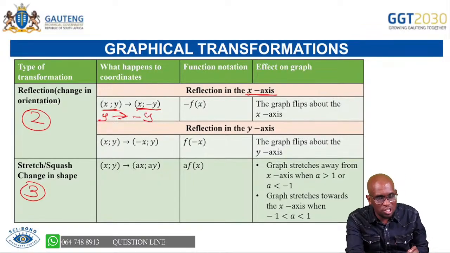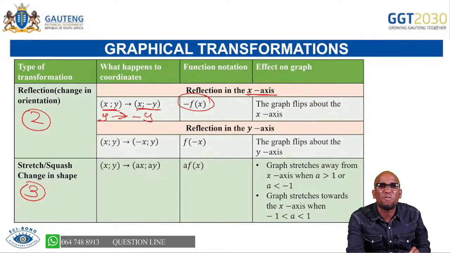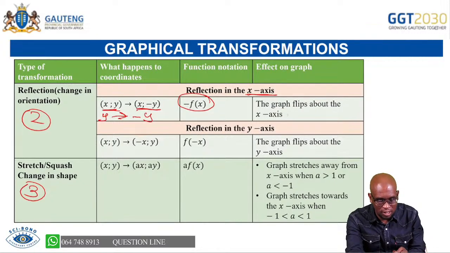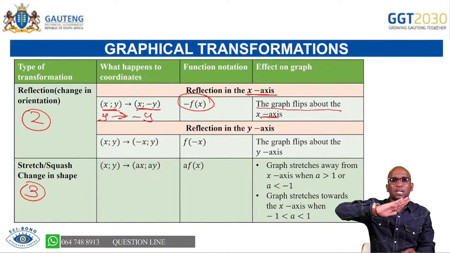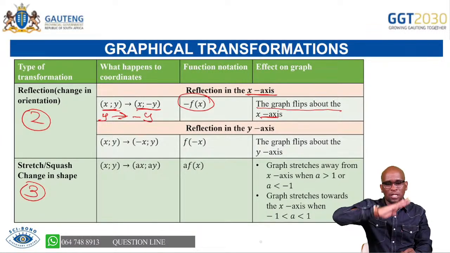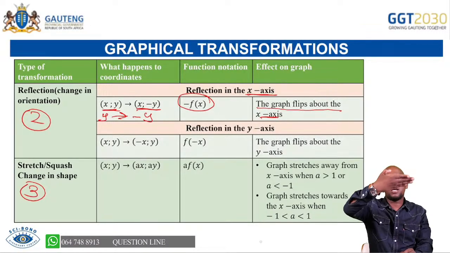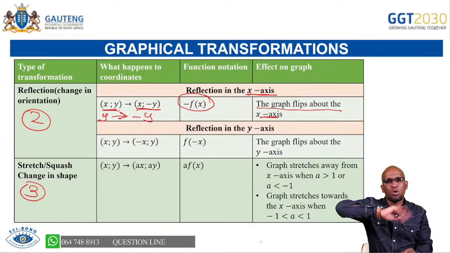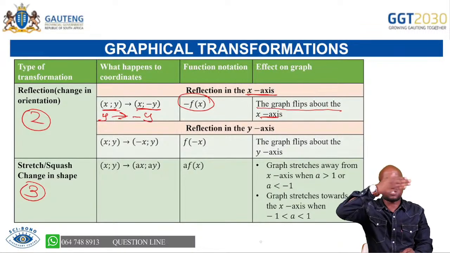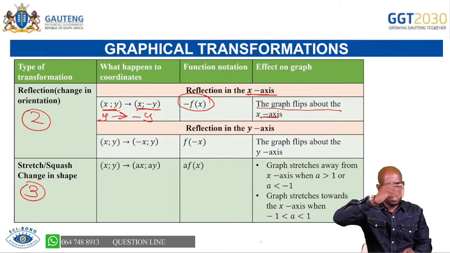And then in the function notation, remember y is f of x. So that is why we put a negative there on f of x, because y becomes negative. So the graph would flip about what? The x-axis. If it was on the positive side, it would be on the negative side. It just flips about the x-axis, right?